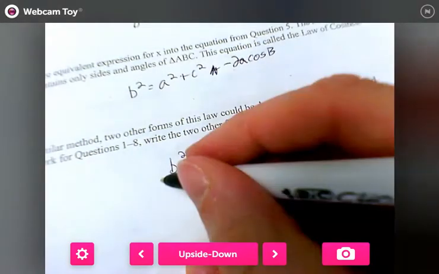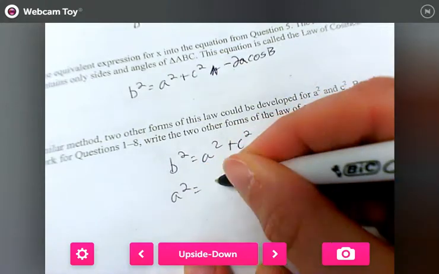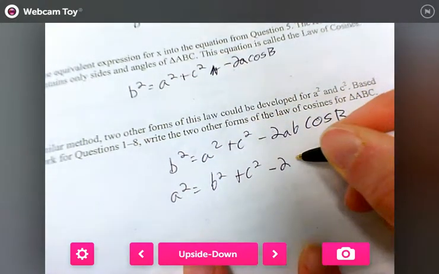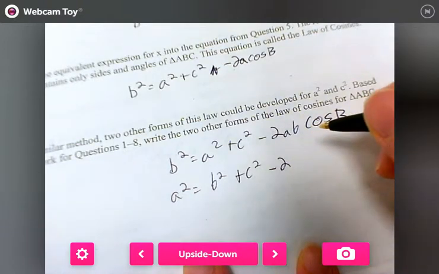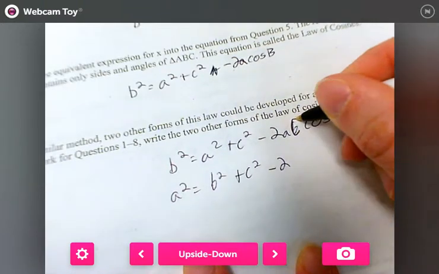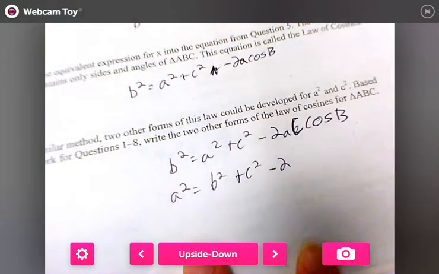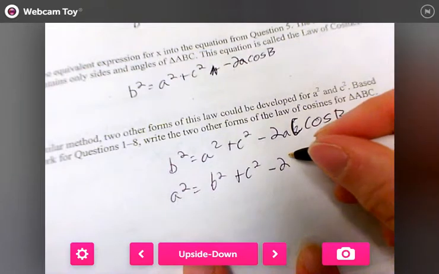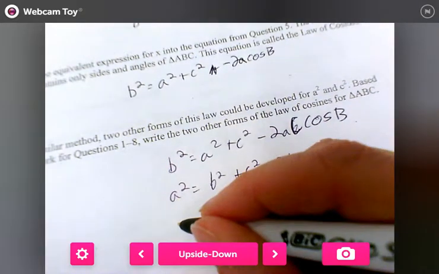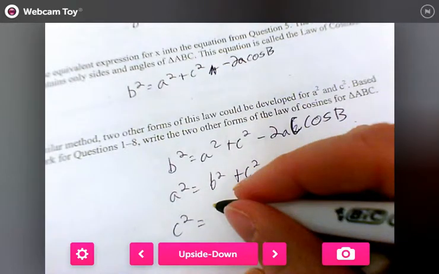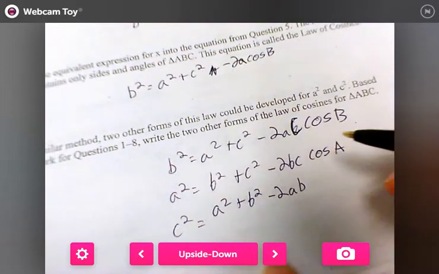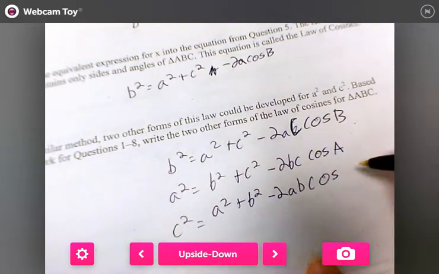And a squared equals b squared plus c squared minus 2bc cosine a, and c squared equals a squared plus b squared minus 2ab cosine c.